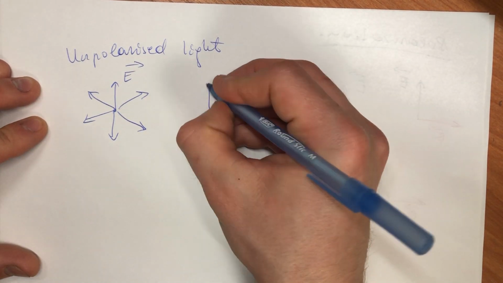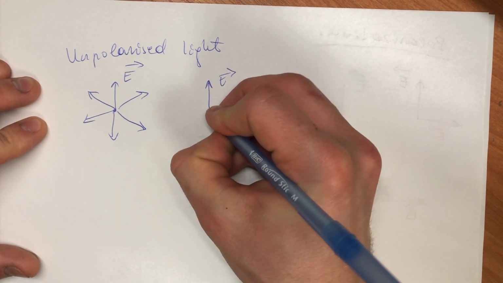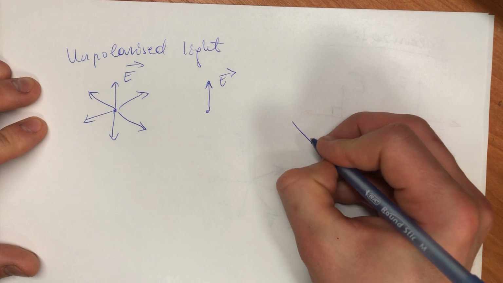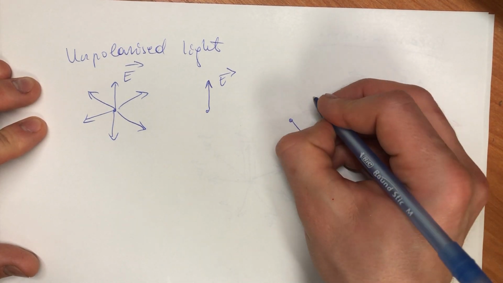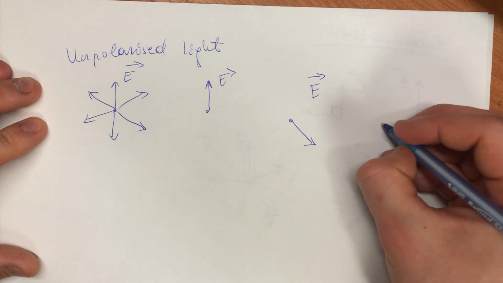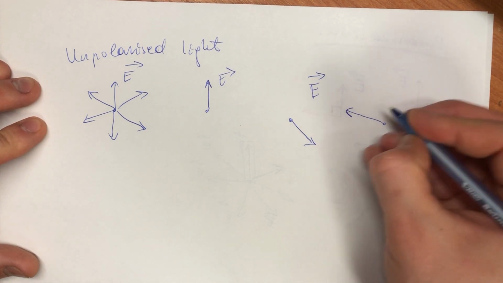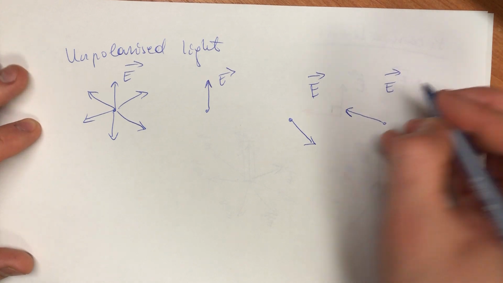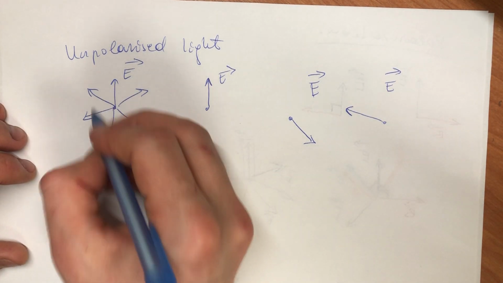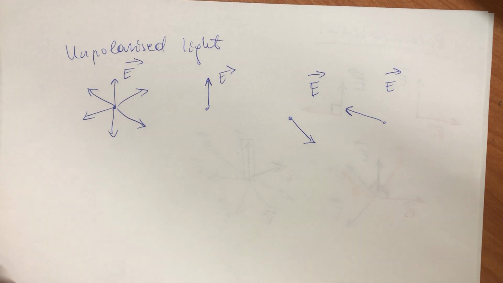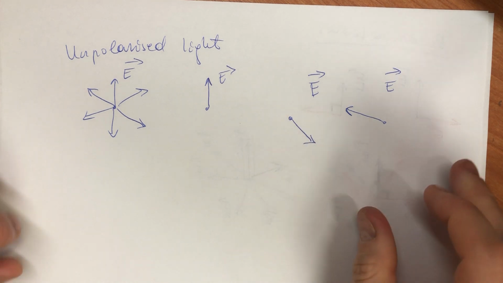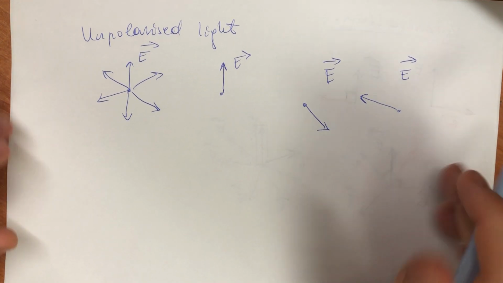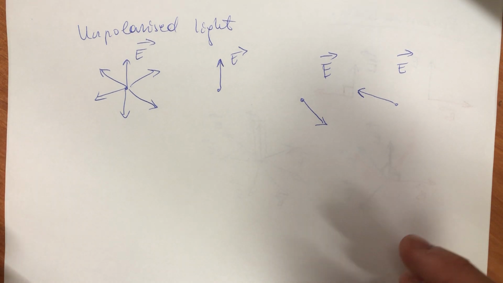In polarized light, it can be oriented only at this direction, the direction that we choose, but there's always only one direction. There are no multiple directions. This is called polarized light, and it's used in polarized glasses to reduce glare. It is also used in lasers. We will discuss this a bit later.